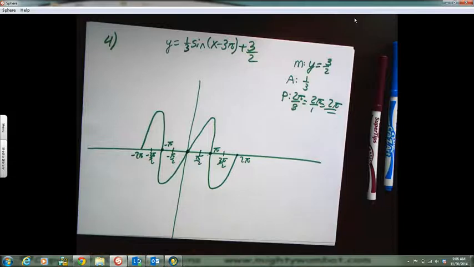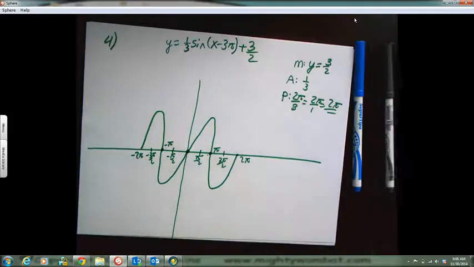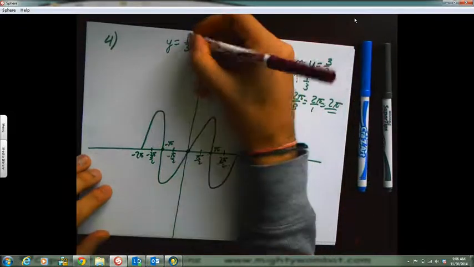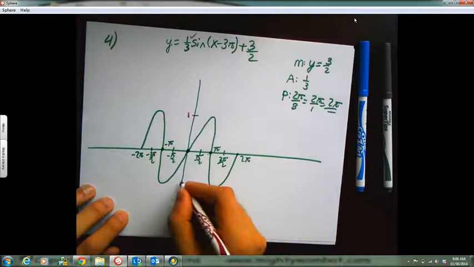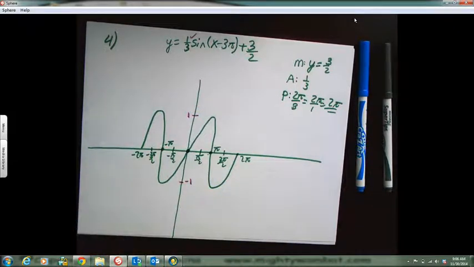Alrighty. Now we want to go ahead and make our transformations, right? And the first one we want to do is go ahead and multiply by the 1/3. So remember, this was 1. This is -1. I should have really made this bigger. I didn't.